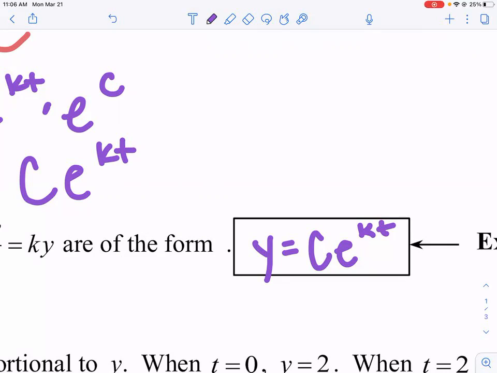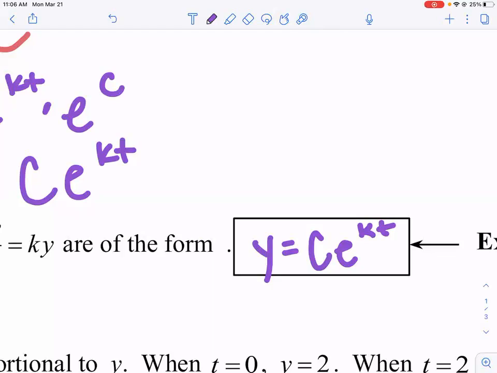So this c right here, what does it stand for? It's the initial amount. If t is 0, e to the 0 is 1, and we're left with c. So whatever our initial amount is when time is 0, that's c.